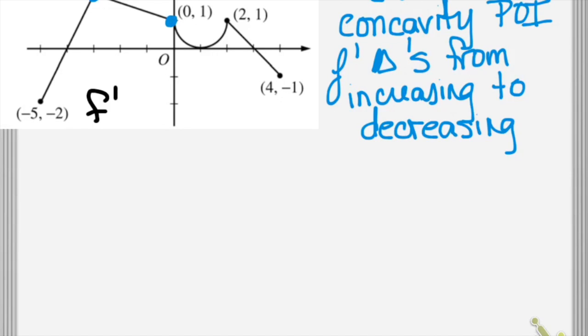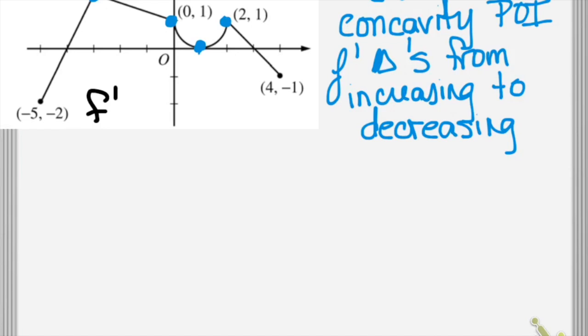Let's look at this point too, here and here. Now remember, at the corners the derivative doesn't exist, but just because the derivative doesn't exist doesn't mean that f doesn't have changes in concavity there.